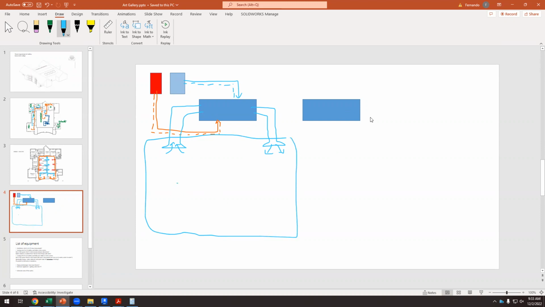And for the small spaces, I need just supply to different spaces. And then I need return.